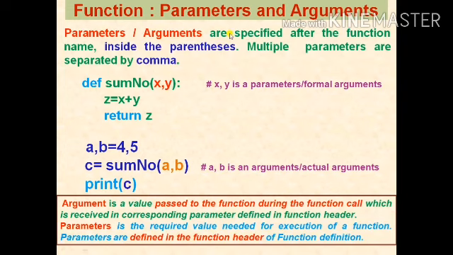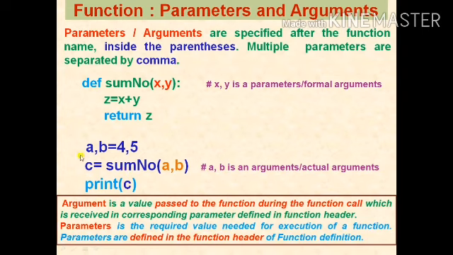This is mainly the basic difference between parameters and arguments. Parameters are the formal arguments which are defined as a special need for the working of that function, whereas arguments are the actual values on which the particular function will work.